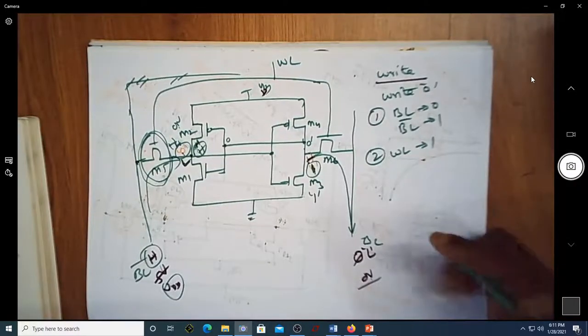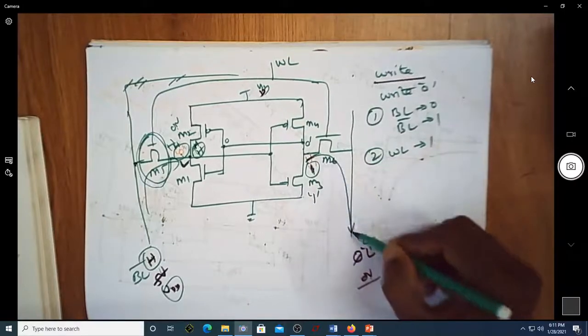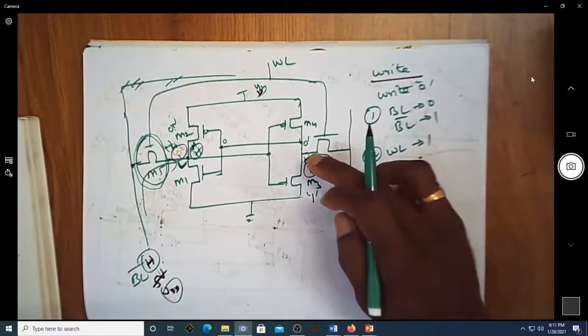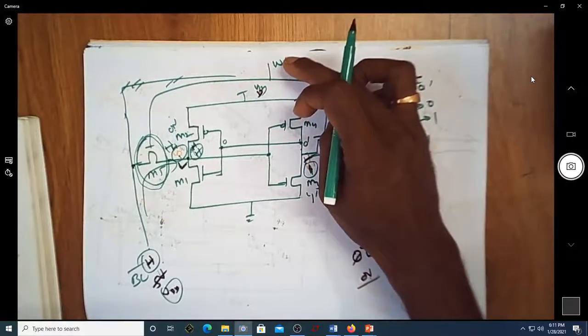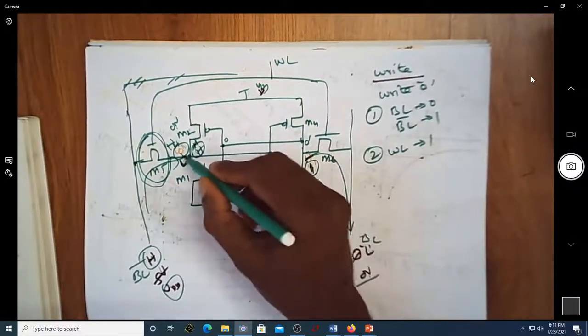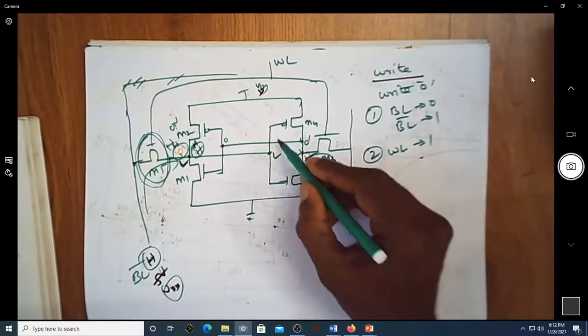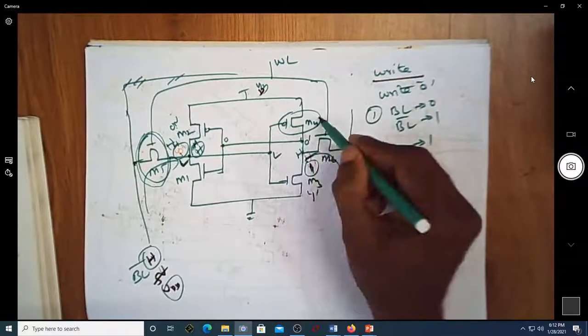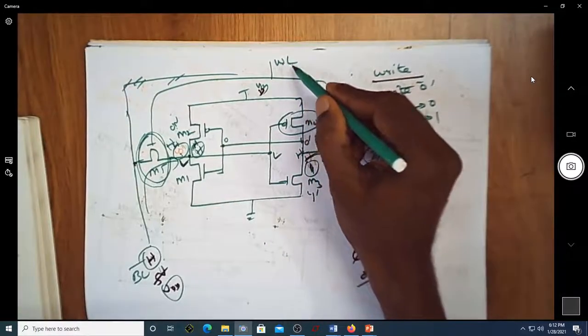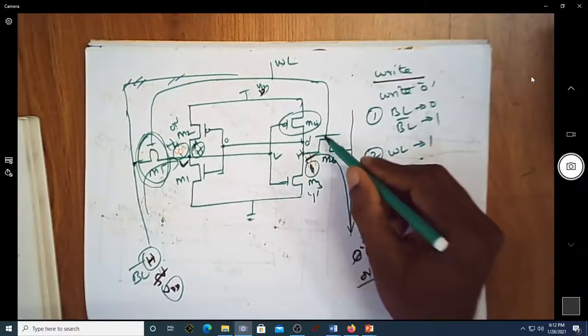Now the question is, we are somehow saying that this will discharge, because at the time you make this word line equal to 1, the voltage here is low, and the voltage here is high. This low voltage is turning on this. Whenever you make this word line equal to 1, this is also on.